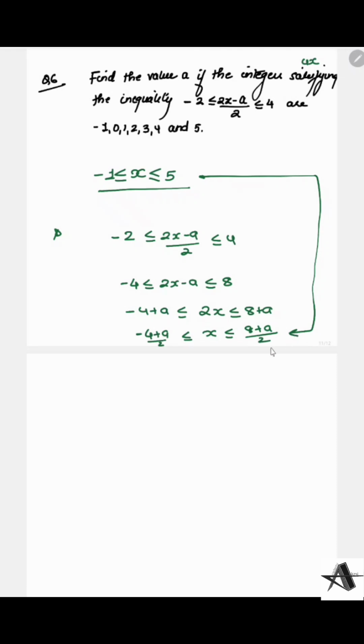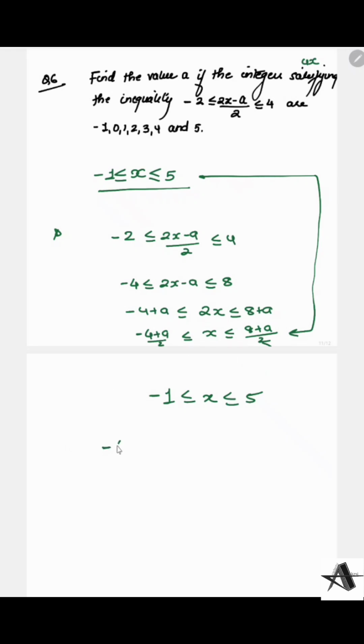So I just need to compare it. Simple. What I'm doing is, I know my final answer and I know the simplified one. Whatever value of a I put, I should get minus 1 here, or similarly, I should get 5 here.